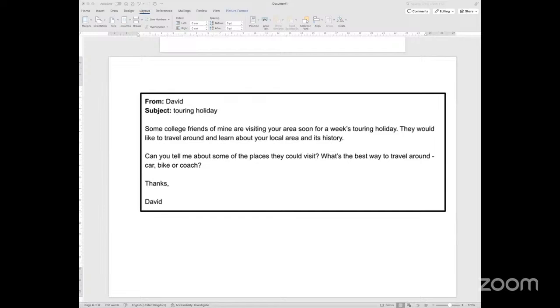"Some colleague friends of mine are visiting your area soon for a week's touring holiday." So it's an informal one. Any other thoughts on this? Is it formal or informal? I would say informal because it looks like they know each other.